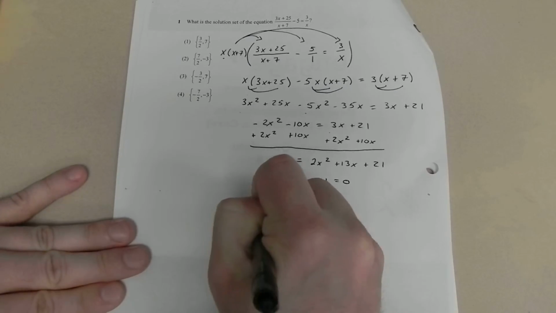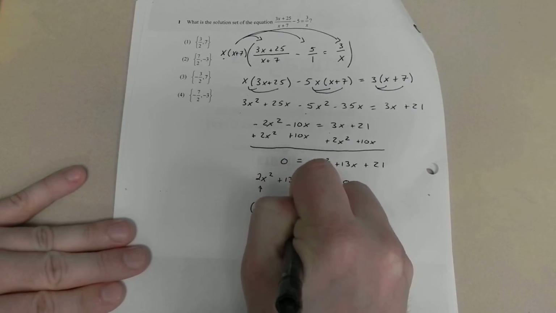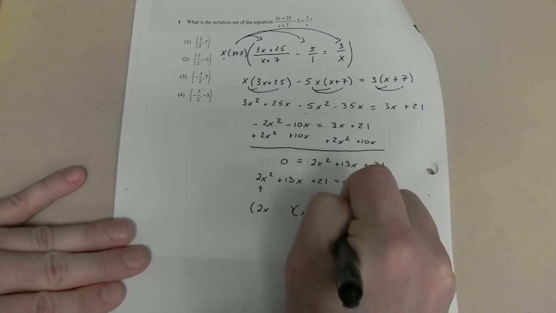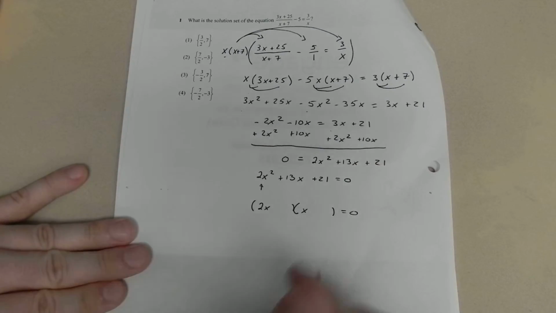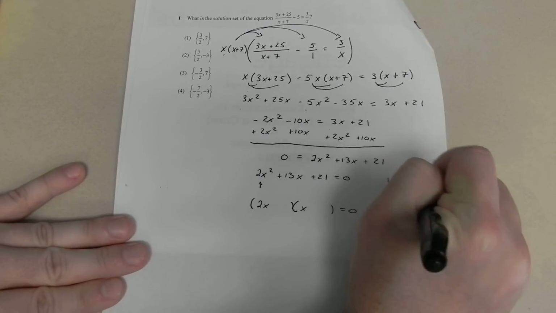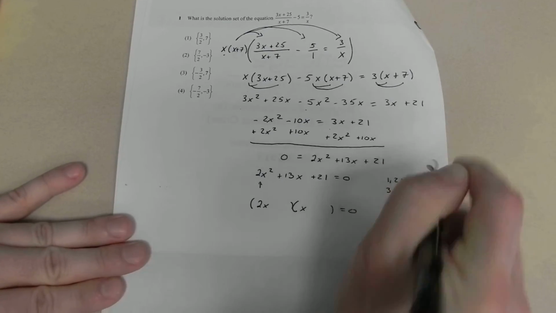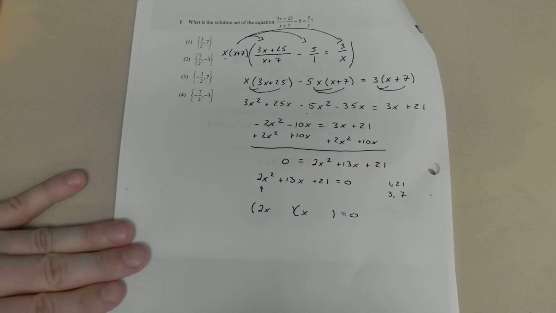I know my options are going to be a 2x times an x. 21 has factors of 1 and 21, 3 and 7.